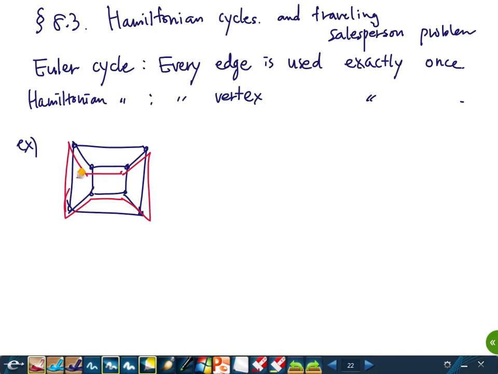This is a Hamiltonian cycle, because it used every vertex exactly once, and it returned to the original starting point. It's fine that we don't use some edge, as long as you used every vertex exactly once. That's a Hamiltonian cycle.